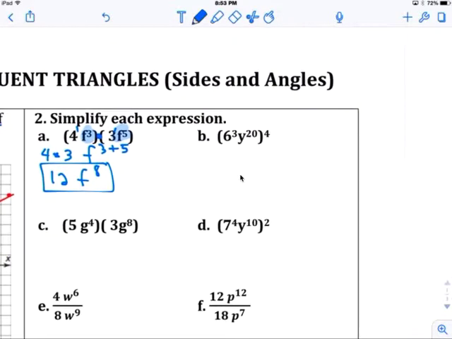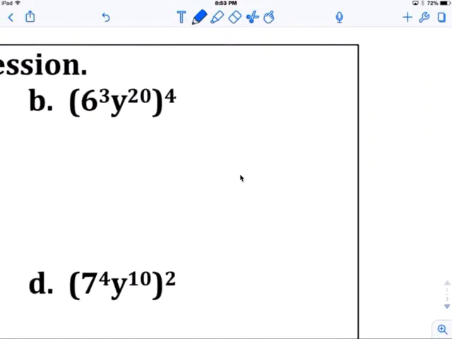Right here, when you have an exponent on the outside, just like 2 parentheses, 6x plus 20, you multiply whole number to whole number, right? Same thing here, you distribute exponent to exponent, power to power, we call that. Distribute means to multiply, so make sure it's 6 to the, leave the base alone, don't multiply the whole number, 6 to the 12, because 3 times this 4 is 12.